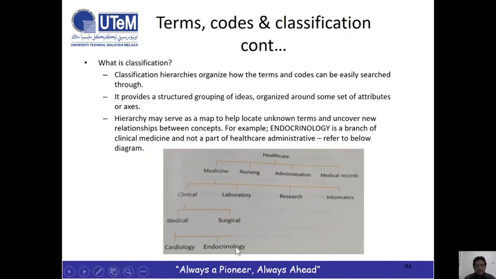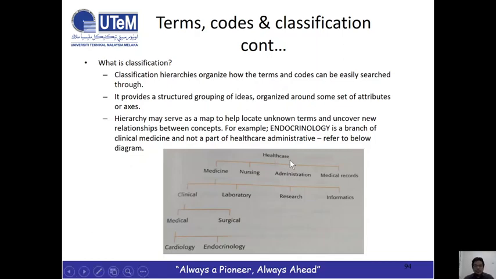Endocrinology is classified under medical, medical is classified under clinical, and clinical, laboratory, research, and informatics are classified under medicine. So when you are asked what is classification, classification is a hierarchy. The hierarchy organizes how terms and codes can be easily searched.